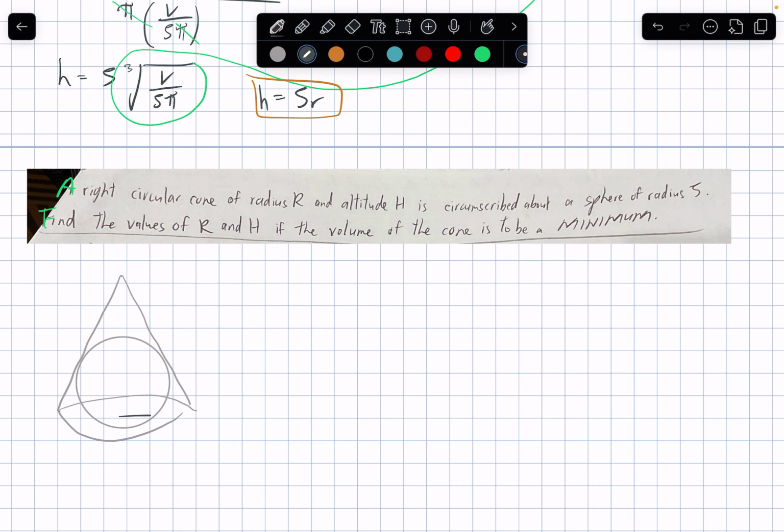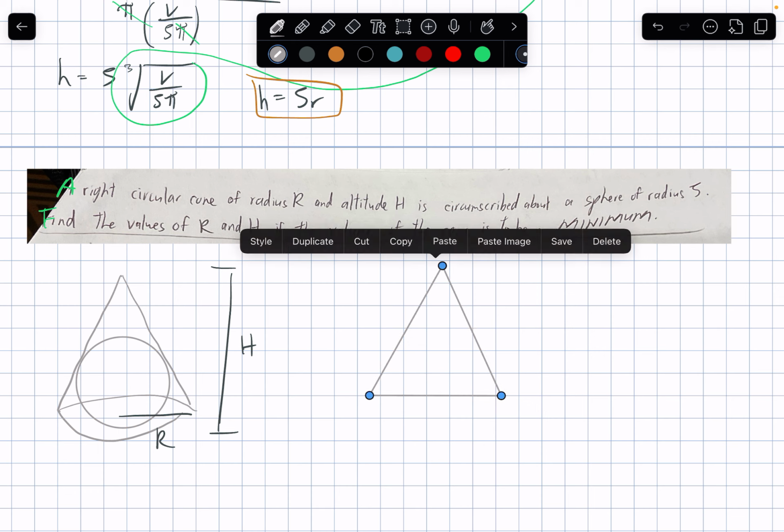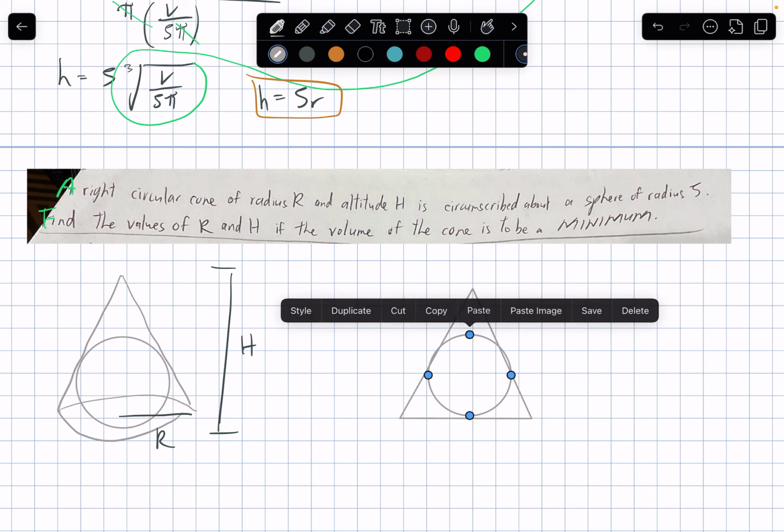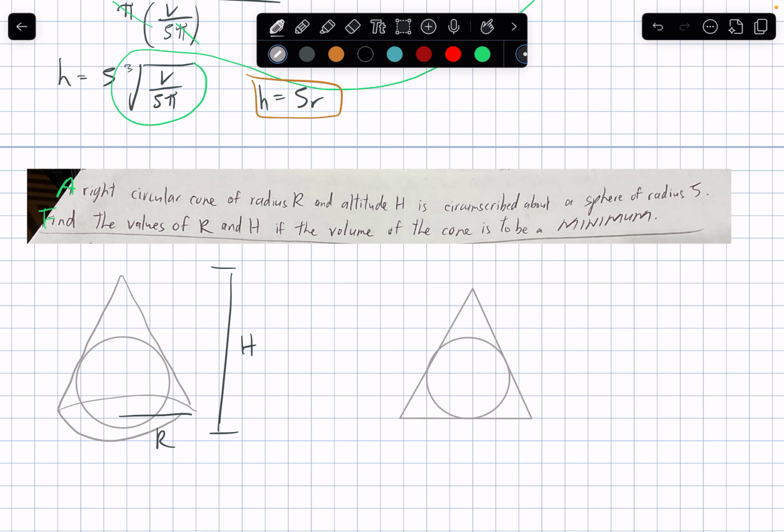And then we have the radius, we have the height. In 2D, this is what it looks like. So this is going to be our cone, and we have the sphere inside. Again, this is the height of the cone.